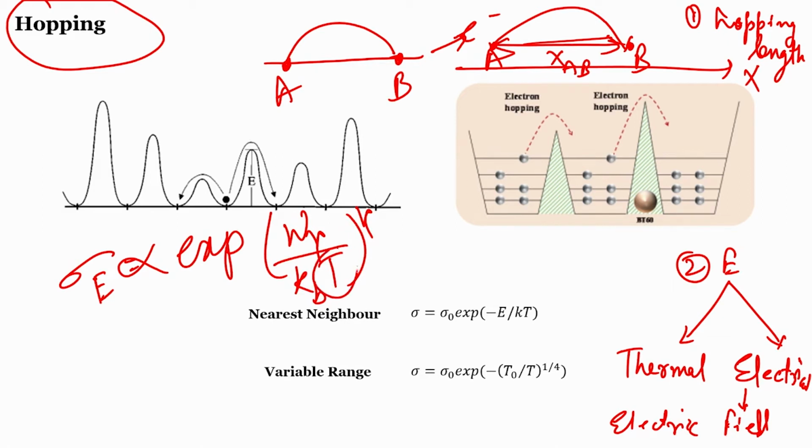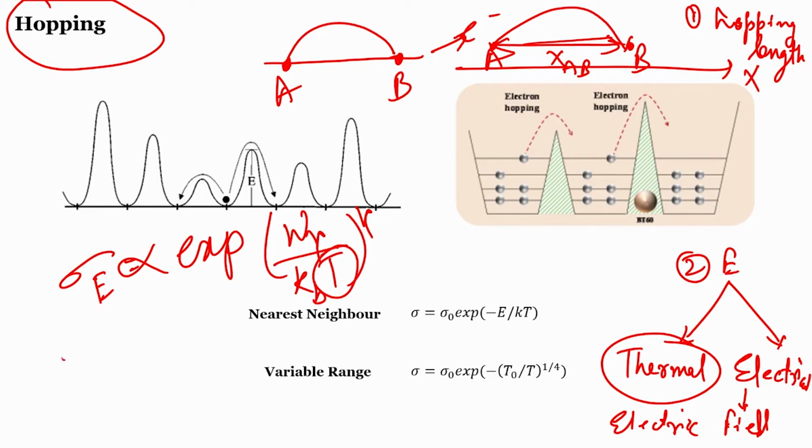This temperature dependence stems from the fact that for an electron to hop from point A to point B, one of the factors required is energy, and one of the energy forms which can help the electron achieve that hop is thermal energy. That's why there is a temperature dependence.